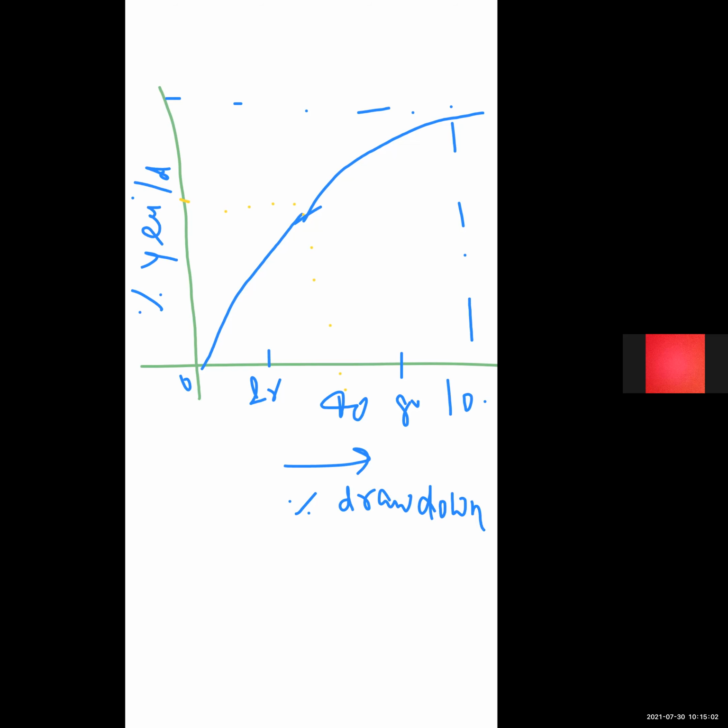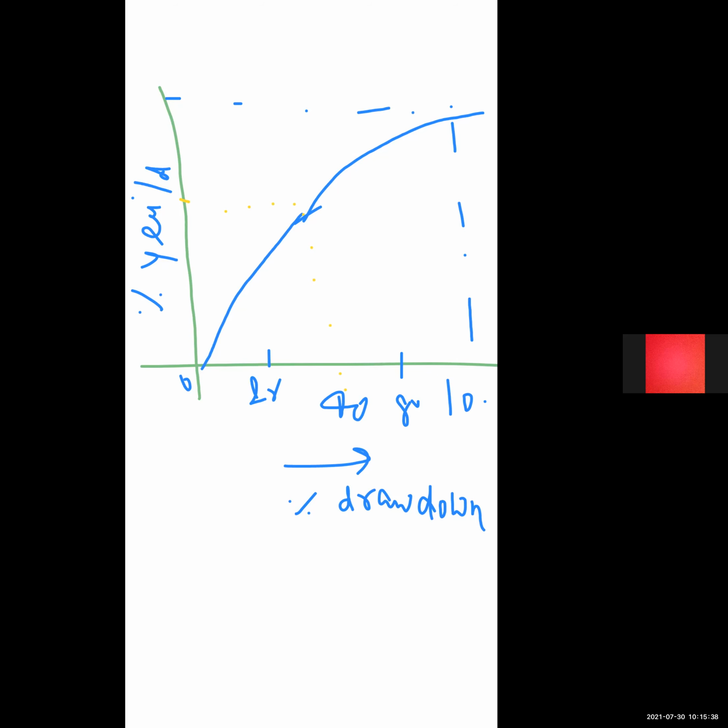This curve is a straight line up to a certain stage of drawdown, beyond which the drawdown increases disproportionately to the yield, and this places an optimum and efficient limit to the drawdown which may be allowed to be created in a well. It is generally found that this is 70% of the maximum drawdown which can be created in a well. So this is the drawdown curve.